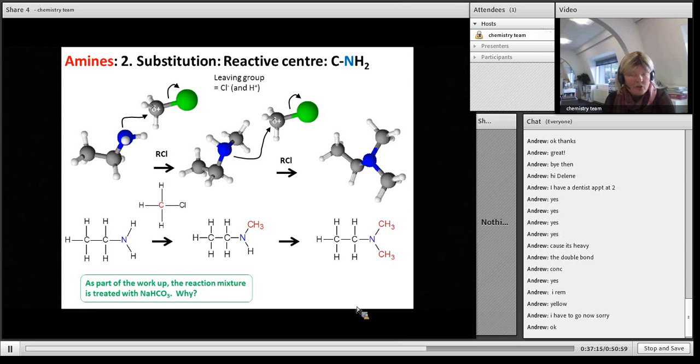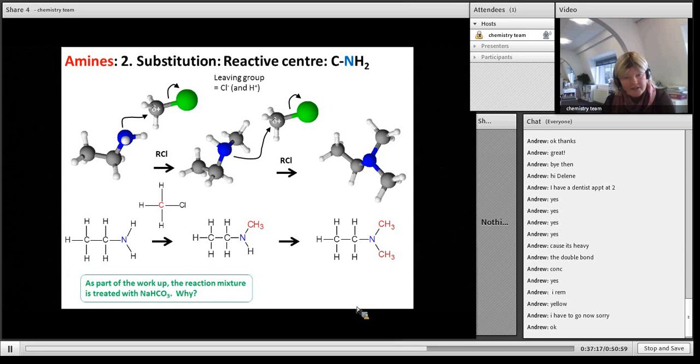Now I've said there, when you've finished reacting this, you always add bicarb to the mixture afterwards. If you think of why, think of what your leaving group is. It's the chloride or the halogen, the halide, plus, of course, one of the hydrogen atoms coming off the amine. You'll notice this amine has 2 hydrogens.